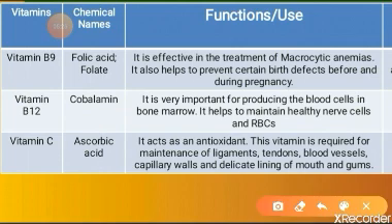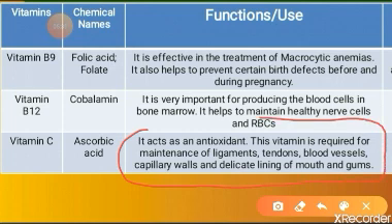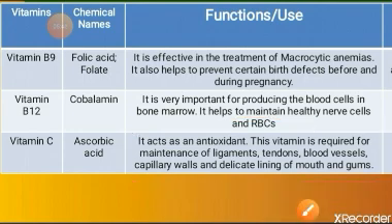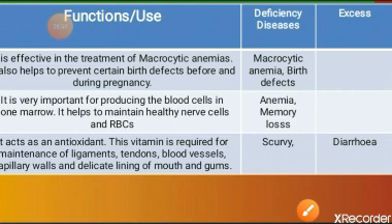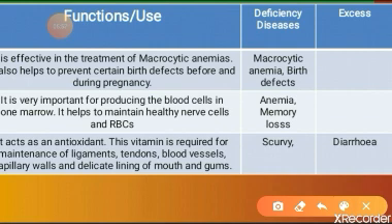It acts as an antioxidant. This vitamin is required for maintenance of ligaments, tendons, blood vessels, capillary walls, and the delicate lining of the mouth and gums. Deficiency of vitamin C causes scurvy. If we use an excess amount of vitamin C, it causes diarrhea.